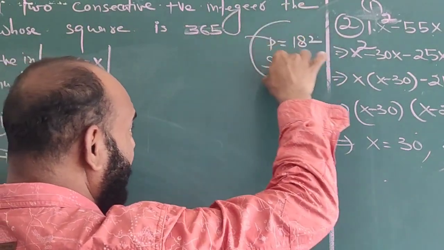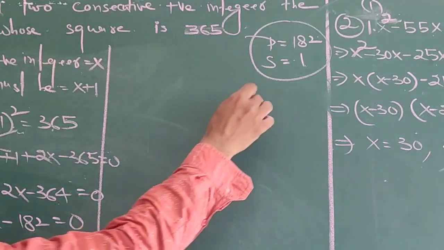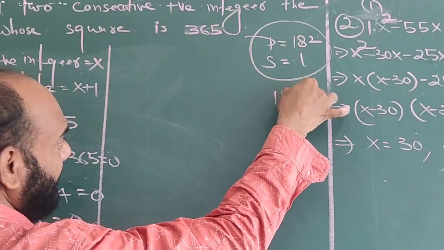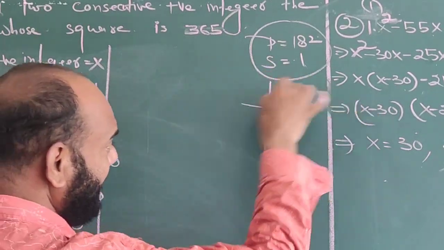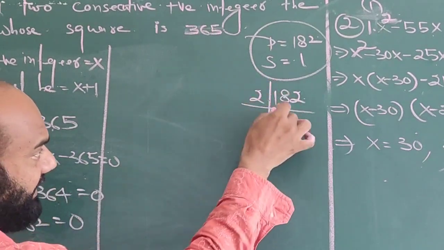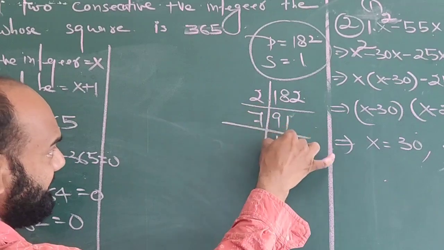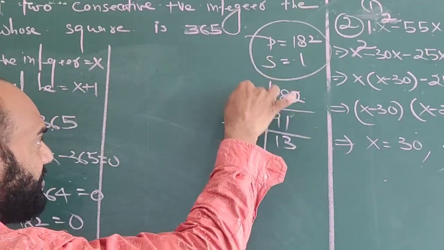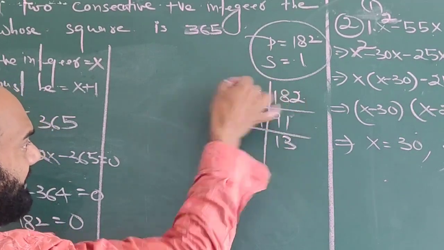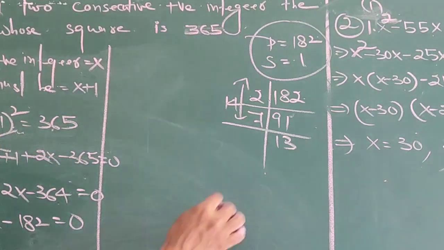So here we find the factors of 182 whose sum is 1. It can be done with the help of factorization. This is divisible by 2 and 91, and 91 is divisible by 7 and 13, and these two factors are 7 times 2 which is 14, and 13. So 14 and 13 are the required factors.